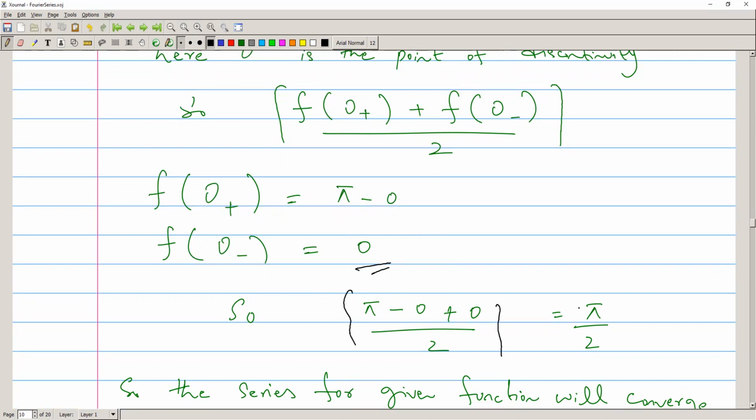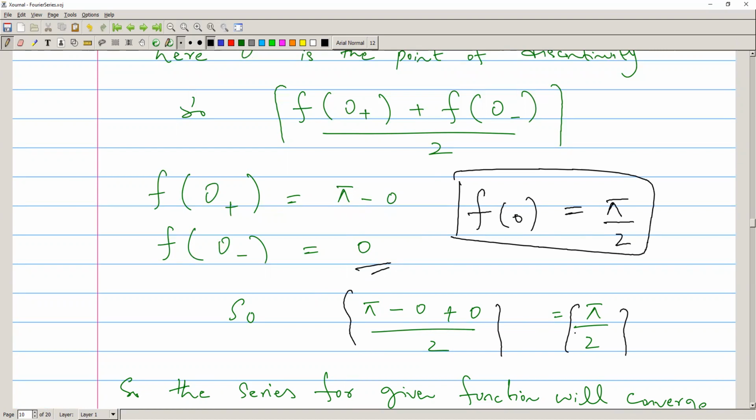So the series will converge at pi over 2. This means that f of 0 is equal to pi over 2. Now we will check whether it's true or not. So at x equals 0, the point of discontinuity, the series converges at pi over 2.